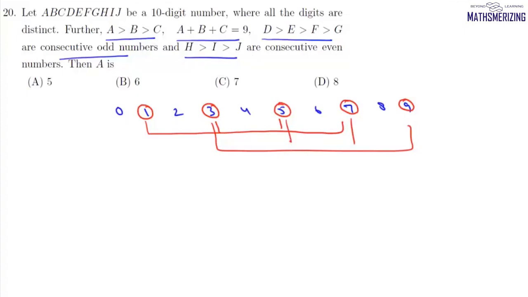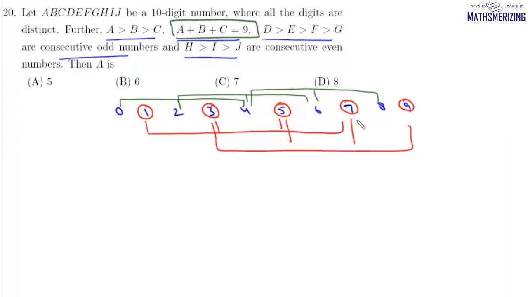Consecutive even numbers could be either 0, 2, 4 or 2, 4, 6 or 4, 6, and 8. Now we have to choose these three even numbers in such a way that A plus B plus C is 9.